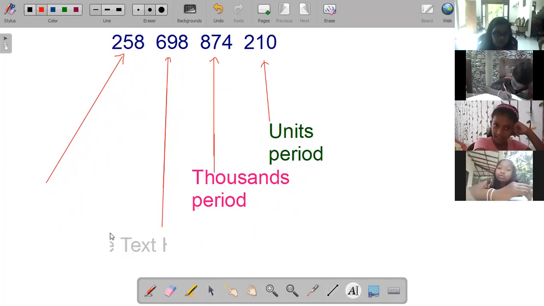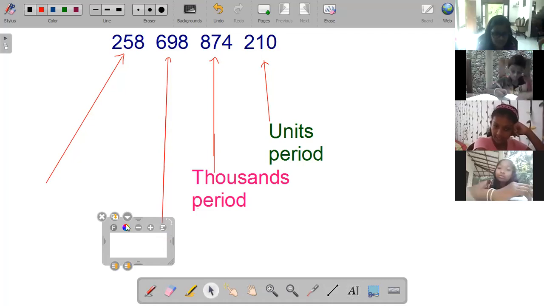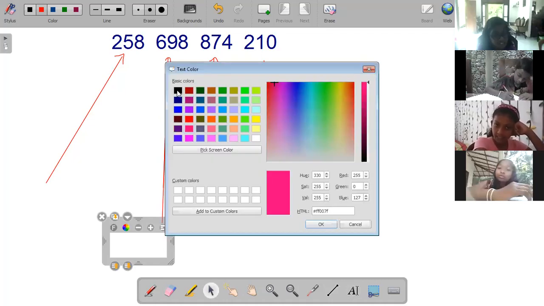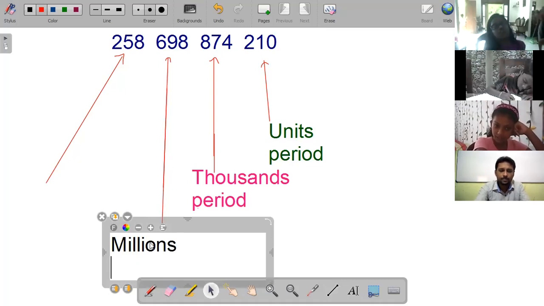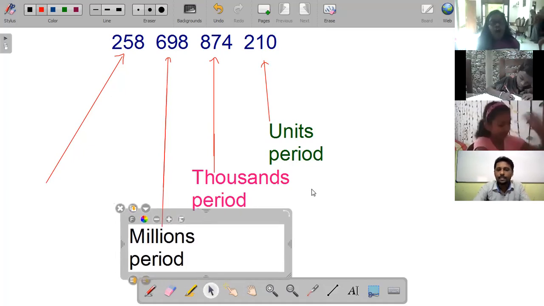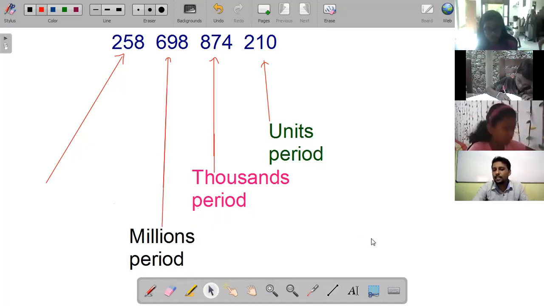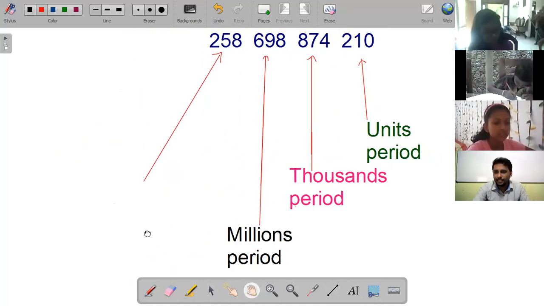Millions period. Okay, millions period. Millions period, right? Before the millions period is known as, do you know, billions period.